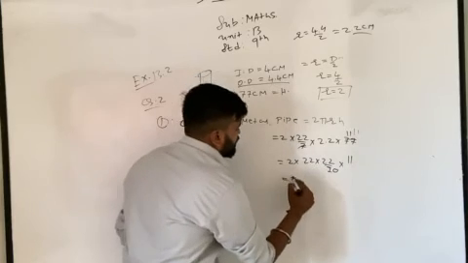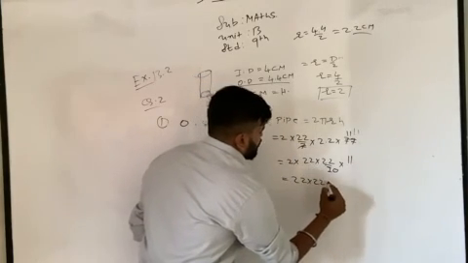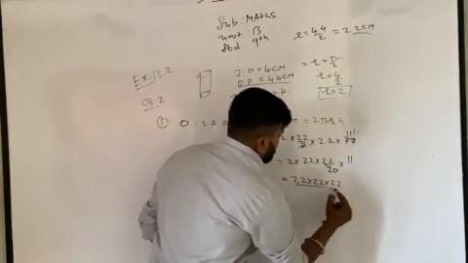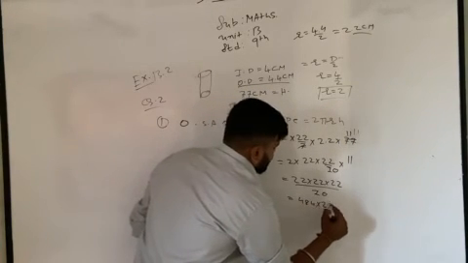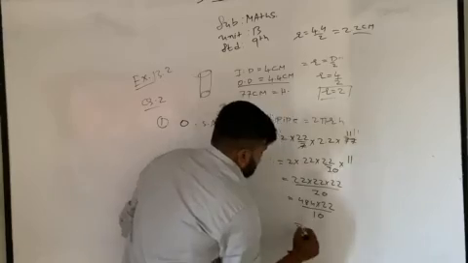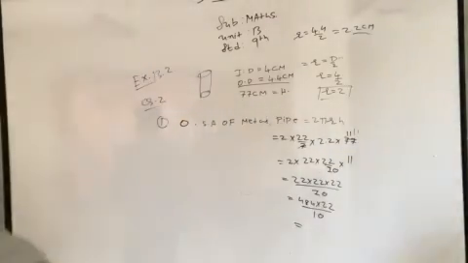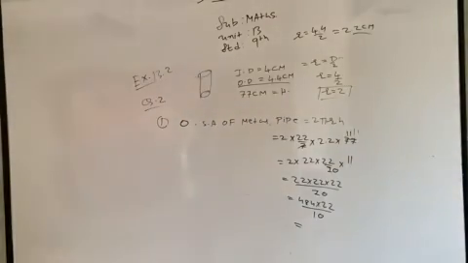So we can say that 22 multiplied by 22 multiplied by 22 divided by 10. So this is equal to 484 multiplied by 22 divided by 10.